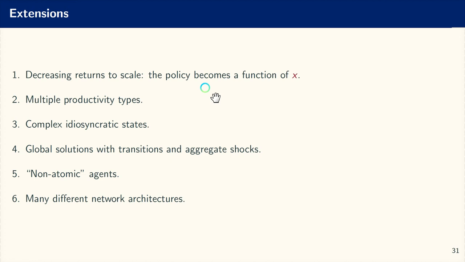There are of course many extensions that we discuss in the paper in some detail. We can have decreasing returns to scale, where the policy becomes a function of x. That's another way to deal with nonlinearities. We can have multiple productivity types. We can have complex idiosyncratic states. We can have global solutions with transitions and aggregate shocks, and we can deal with non-atomic agents.